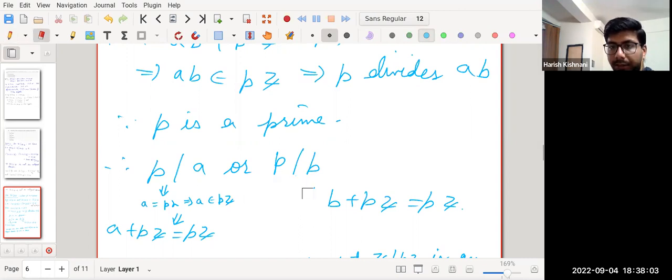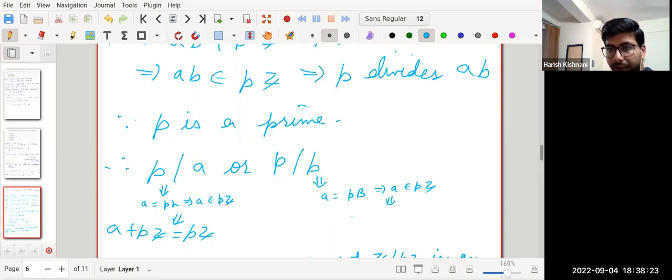Same thing here: p divides b implies b equals p beta, which implies b belongs to pZ, and that implies b plus pZ is equal to pZ, for some beta in the integers. Okay, I think that is obvious, I can just omit it.